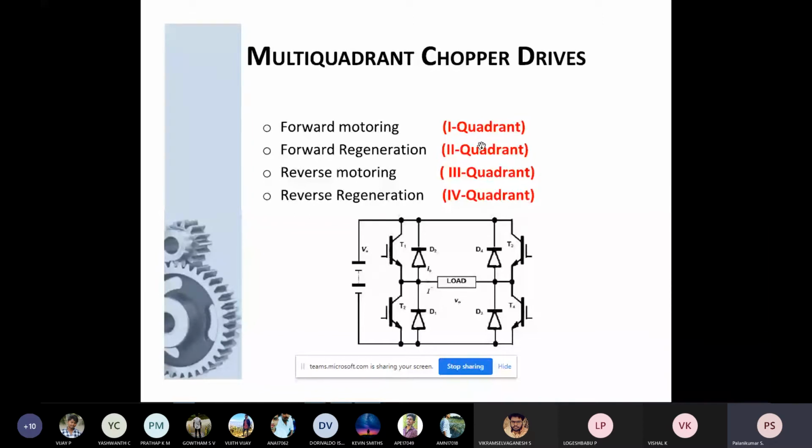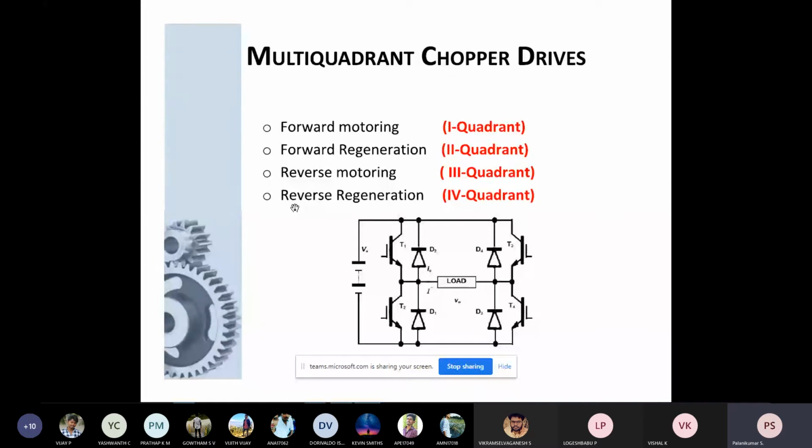That is, forward motoring in the first quadrant and reverse motoring in the third quadrant. These two are very important. During forward motoring, I am able to do forward braking or forward regeneration. Likewise, in reverse motoring, reverse braking is possible.